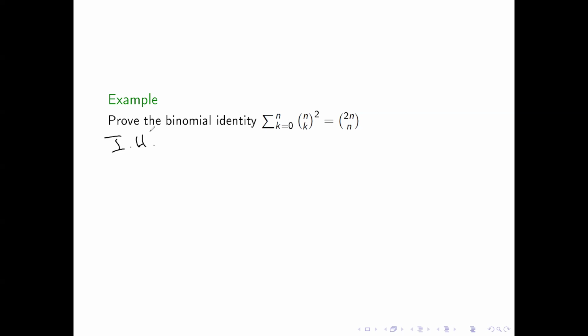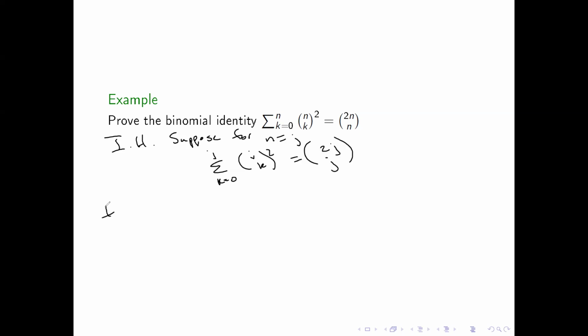I think it's k equals. Yeah, suppose for n equals k, I know I can't do a k because I'm using a k. n equals j. The sum from k equals 0 to j of j choose k squared equals 2j choose j.